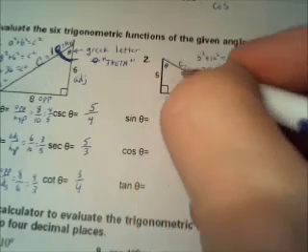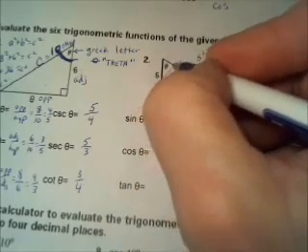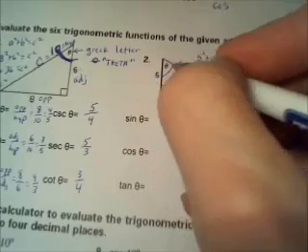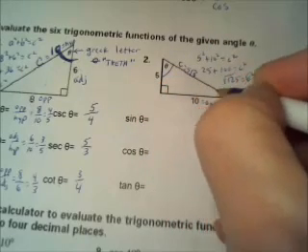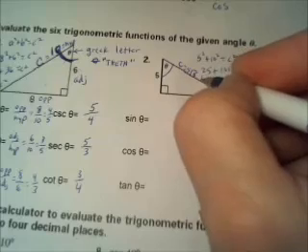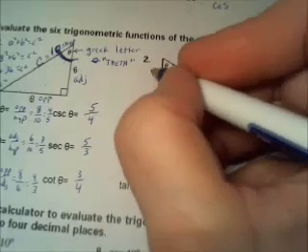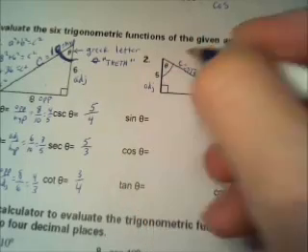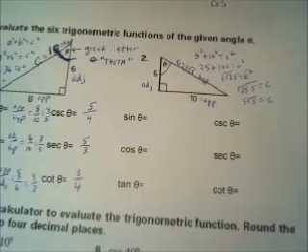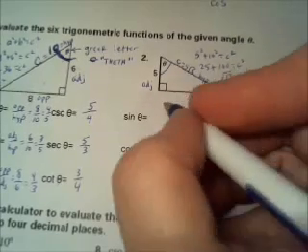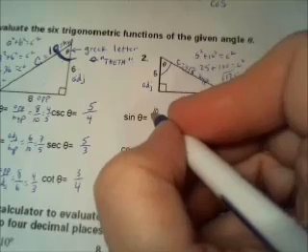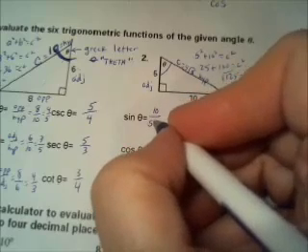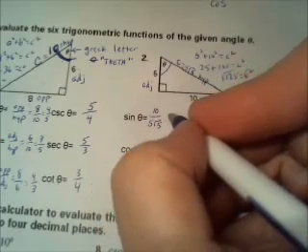The sine, let's talk about this angle up here. Here's our theta. So across from theta, 10 is the opposite side, c is the hypotenuse, and 5 is the adjacent side, so mark those 3. Sine is opposite over hypotenuse, so we have 10 over 5 square root of 5.